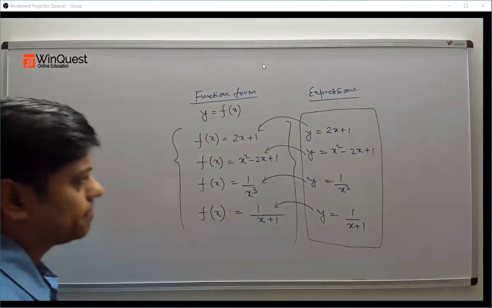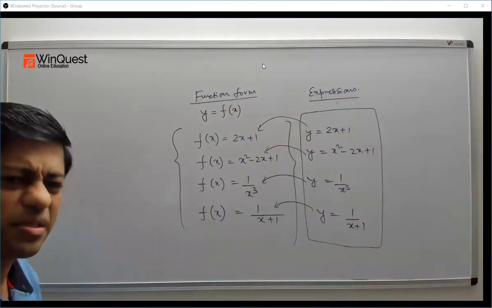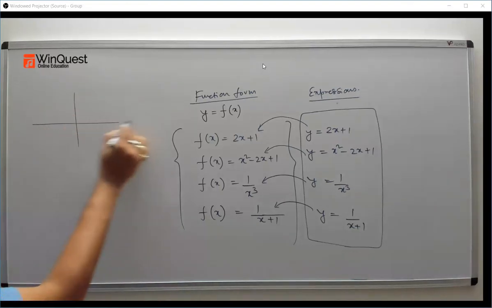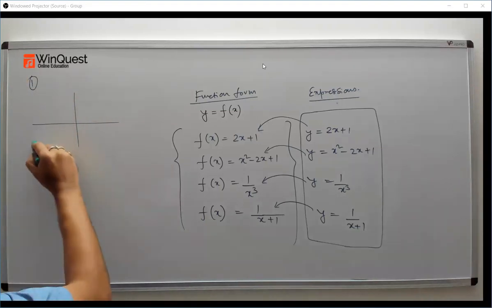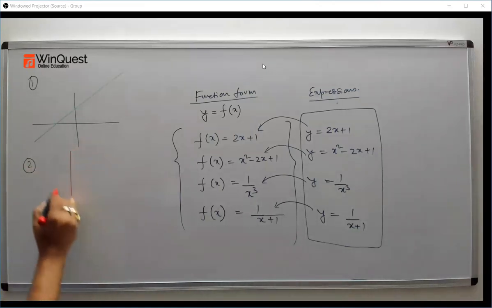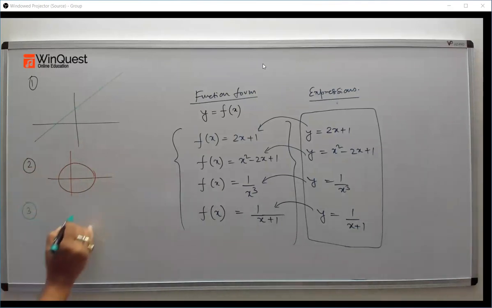Now, all these things can have some sort of graph. Now the graphs can be something like this. Let's say this is graph number 1. It has a straight line like this. Let's say graph number 2. It has a circle like this. Graph number 3. It has a parabola like this. Graph number 4.